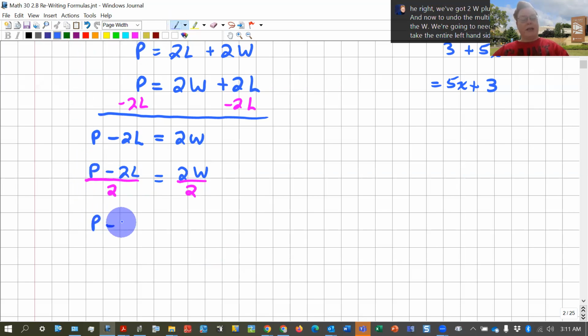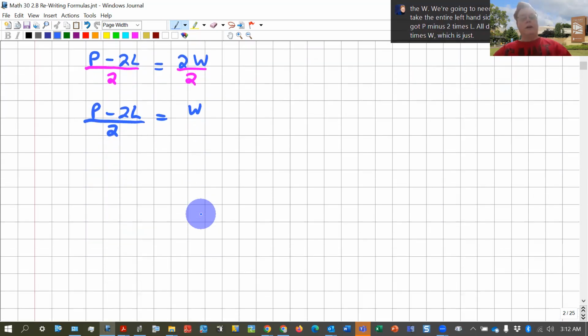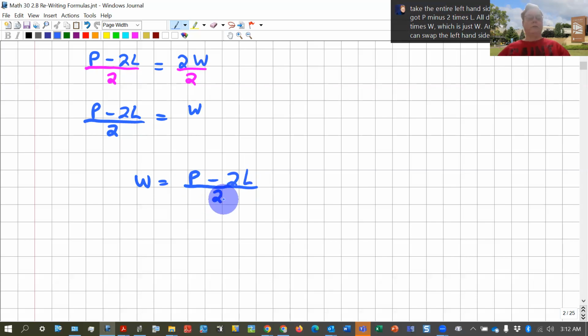So we've got P minus 2 times L, all divided by 2, is equal to 1 times W, which is just W. And then we can rearrange, we can swap the left-hand side and the right-hand side of our equation.